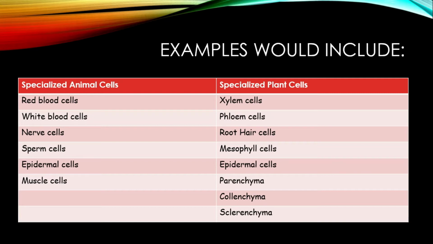So let's look at the function of these specialized cells. These cells are specialized to carry out specific functions, and one can just imagine that because they have specific functions, they would have some structural modification, hence they all would look different.